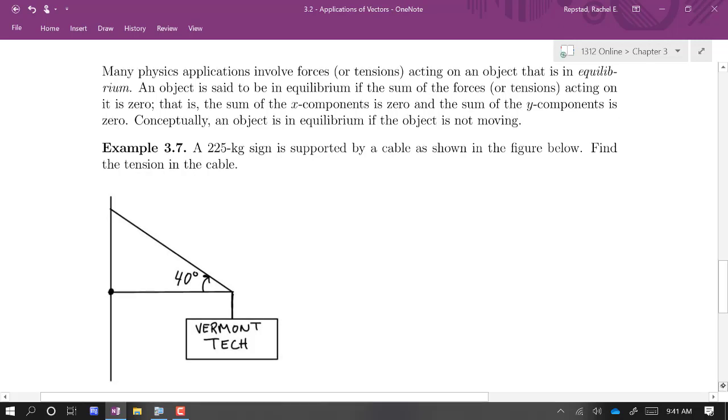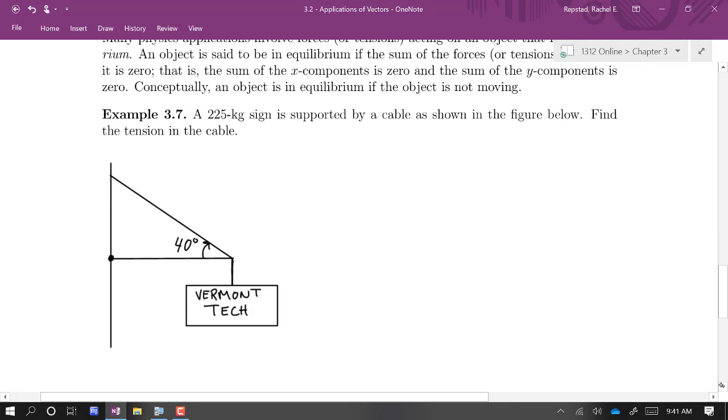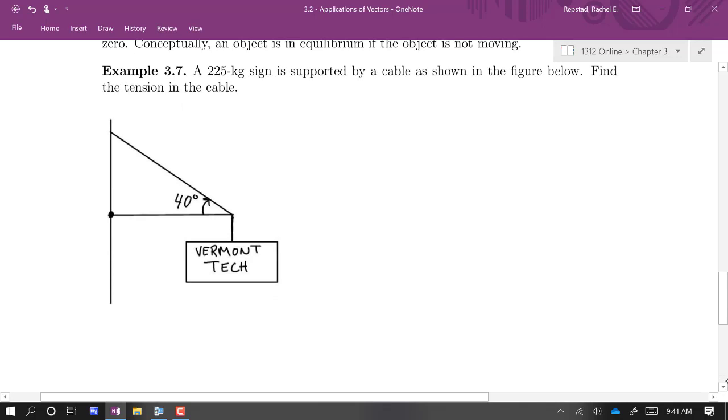So in this example, we have a 225 kilogram sign supported by a cable. So the sign is just hanging there. It is not moving. We know that it says it's a 225 kilogram sign. So we know that the sign is exerting 225 kilograms downward. That's its mass.